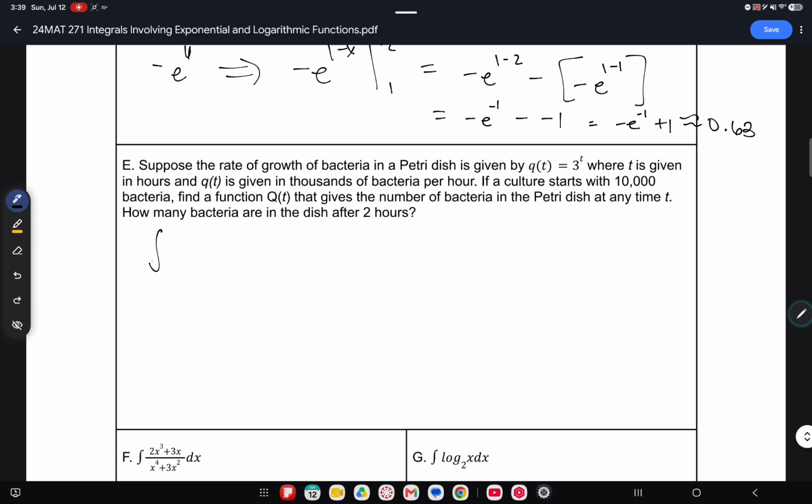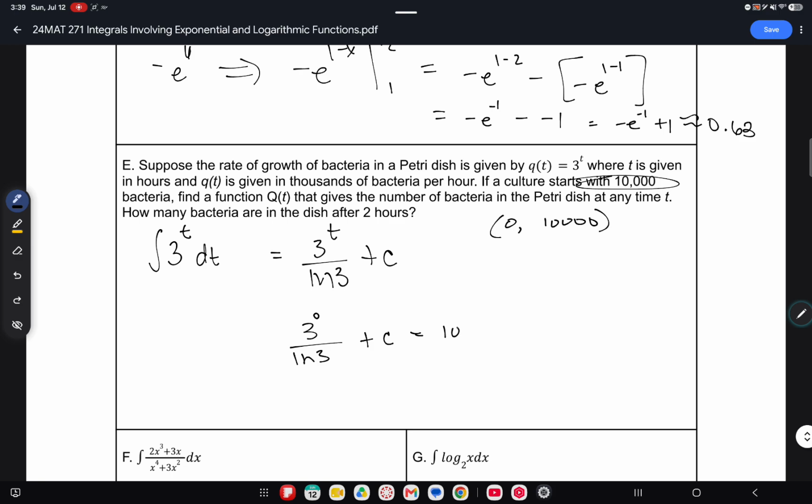Okay, so that's going to be the integral of 3 to the t dt, which will give us what? 3 to the t over natural log of 3 plus c. It says we start off with 10,000, so our initial condition is 0, and then 10,000. So 3 to the 0 over natural log of 3 plus c equals 10,000.